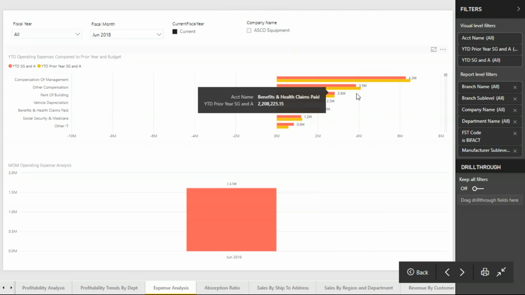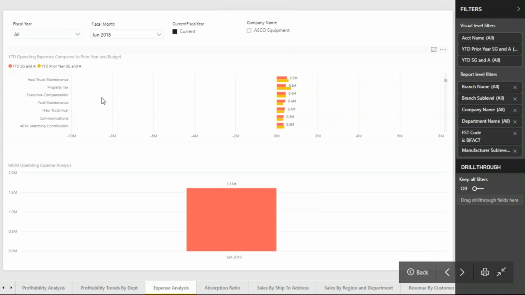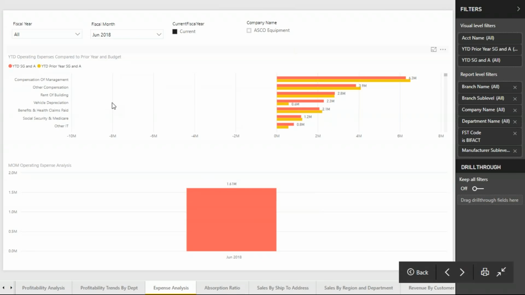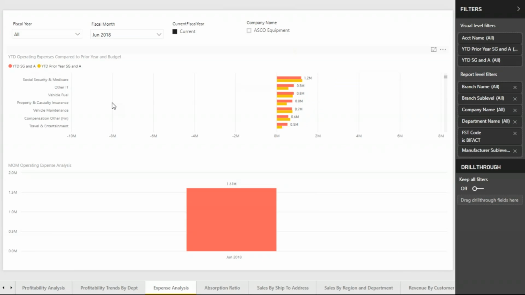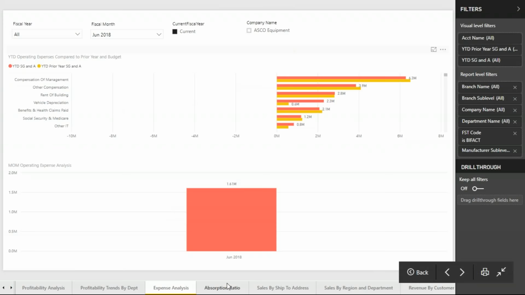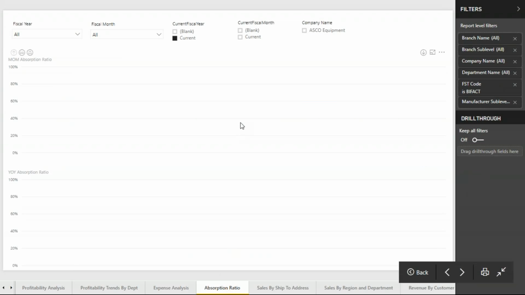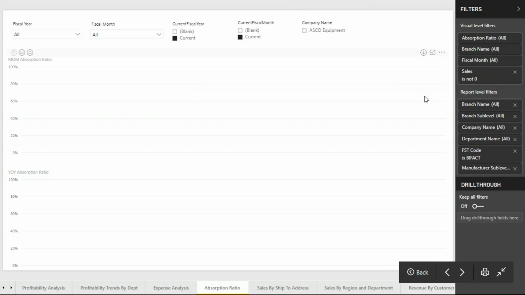This is your total expense. How does it break by different components? This is how it breaks by different components. This is the compensation of management, advertisement, and this can be broken down by department and so on.